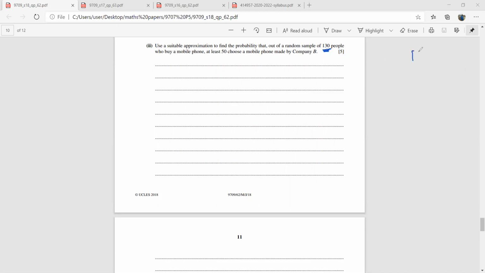By the way, what was the probability of getting a phone from B? That was 0.35 if I am not wrong. Again, this is another variable, I'm not using X again because we have already used X in the previous part. So now n is 130 and p is 0.35.